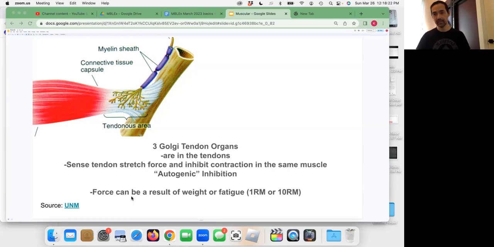Oftentimes it's a combination. For example, with biceps curls, it's not usually when people are curling upward that there's a tear. It's often when they start to lengthen the muscle. It's through the eccentric contraction that people tear their biceps tendon, which is a particularly nasty injury.